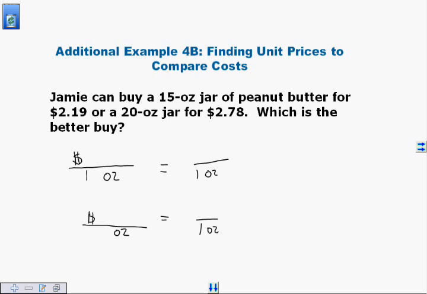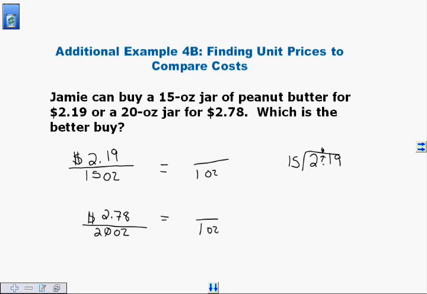So our first jar of peanut butter has 15 ounces in it. It's $2.19. Our second jar of peanut butter has 20 ounces in it for $2.78. So whenever we go to do this, we got to break it down to 1. So I'm going to come off to the side and divide $2.19 by 15.